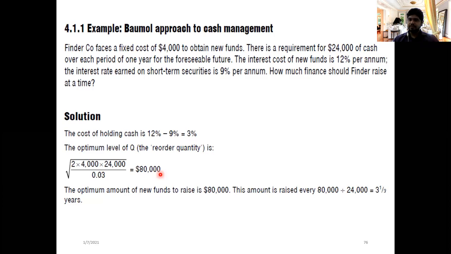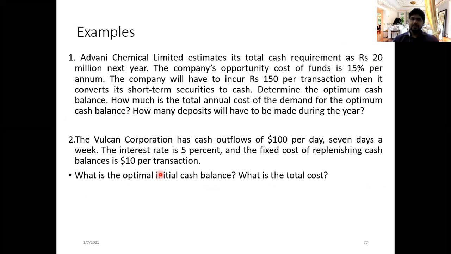They keep 80,000, but the annual demand for the period is 24,000, so they can keep the money for 3.33 years. So every 3.33 years they have to convert the securities. So there are 2 examples.